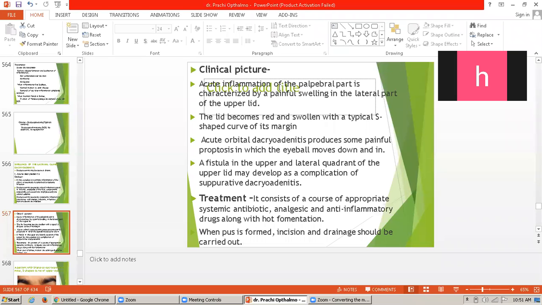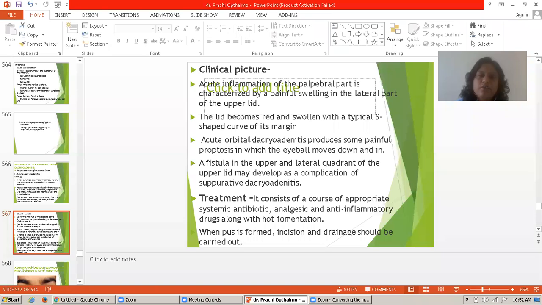Now the clinical picture of acute dacryoadenitis. Acute inflammation of the palpebral part is characterized by a painful swelling in the lateral part of the upper lid, and the lid becomes red and swollen with a typical S-shaped curve of its margin.